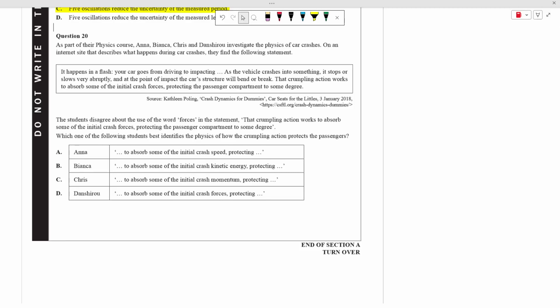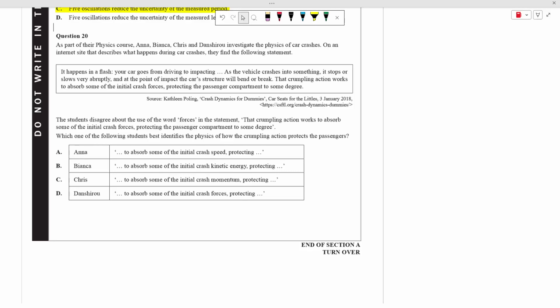Well, the whole point of a crumple zone in the car is basically to increase the time of the impact, the duration of the impact. Okay, and also, the very act of crumpling the car requires some energy.